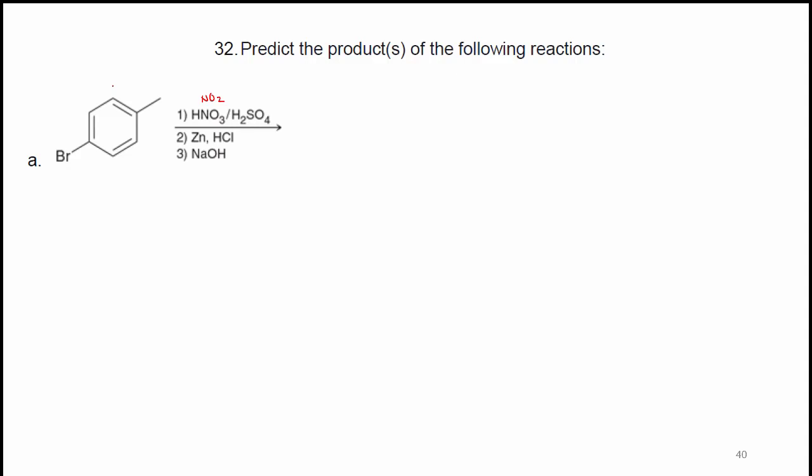The one that is directing here is going to be the stronger activator, which is the methyl group. We said it was an activator. It's going to direct ortho and para. And right now the para position is taken.